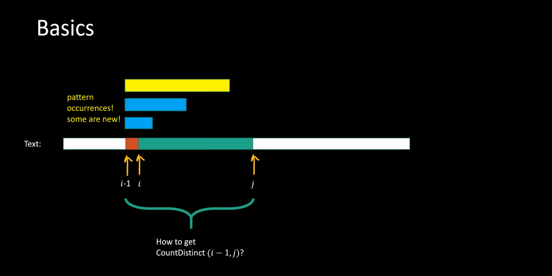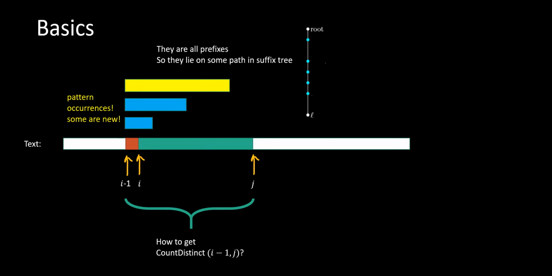So we would like to find a cutoff point. Because if a pattern occurs in the green text, all shorter patterns also occur in the green text, because these are all prefixes of the i-1. So basically, we need to find a cutoff point that will allow us to know how many new pattern occurrences we have there.